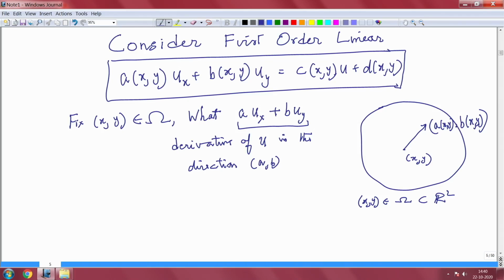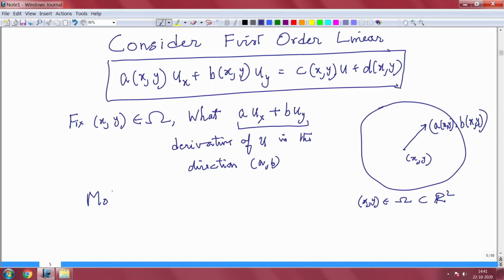So (a,b) produces a vector field in omega: for every (x,y), it produces a vector. Basically your differential operator part is nothing but the derivative of u along that direction.